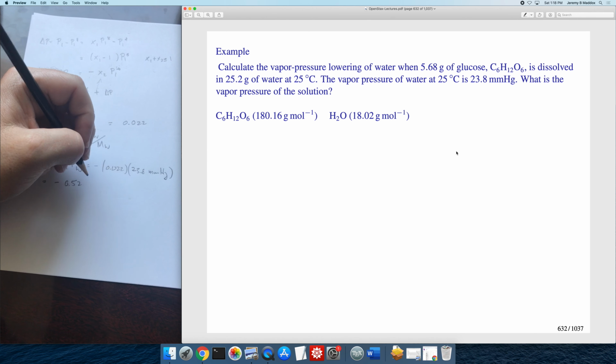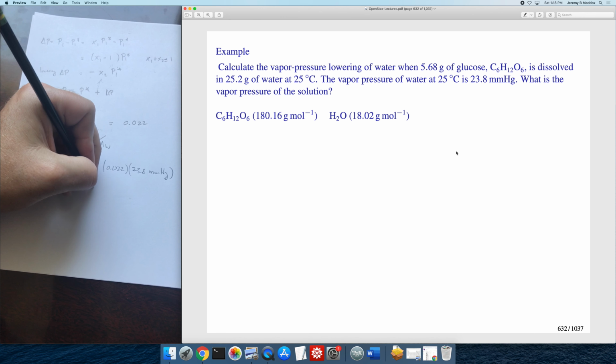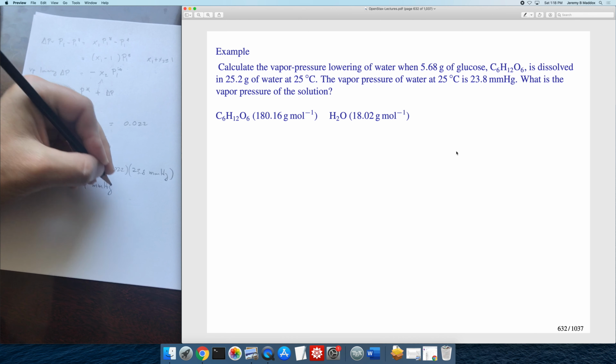So it decreases a little bit. It decreases by 0.524 millimeters of mercury. Small but measurable.